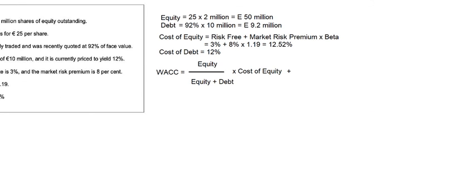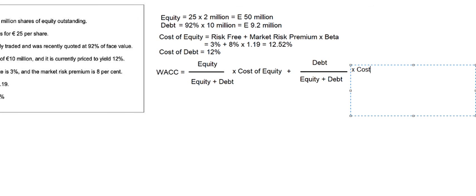Now this is about debt. Debt divided by equity plus debt, multiplied with cost of debt and multiplied with 1 minus tax rate.